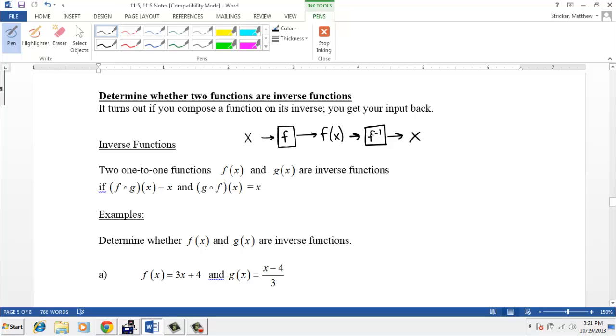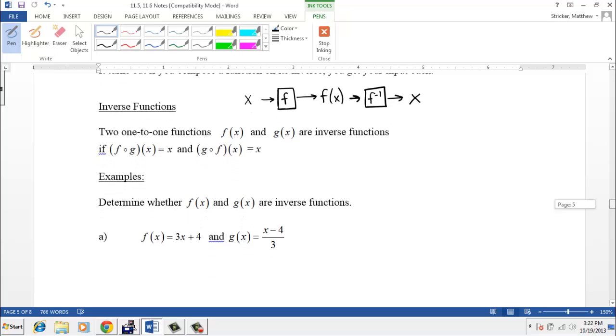And we'll talk about this notation in a little bit, but this is the result that we just found. We said if two one-to-one functions, f of x and g of x, are inverse functions, if f of g of x equals x and if g of f of x equals x.